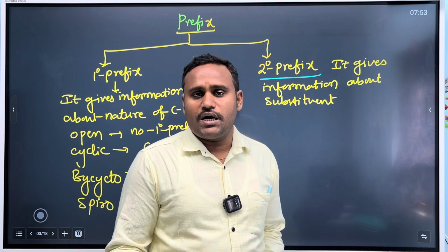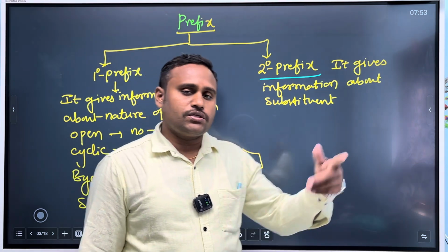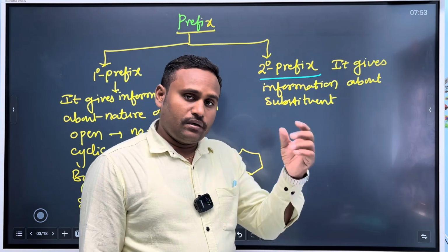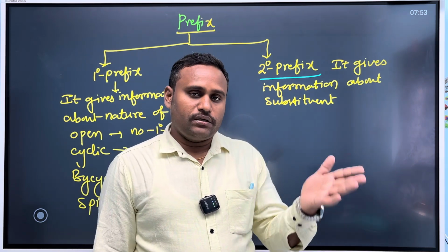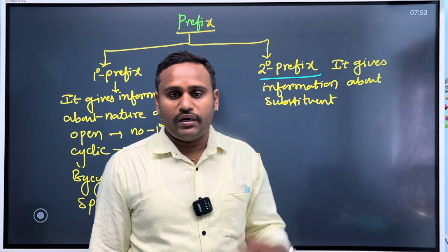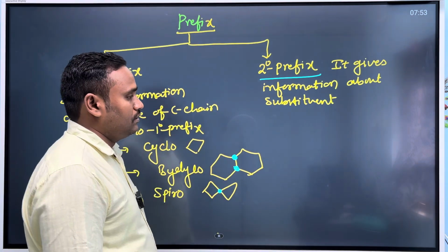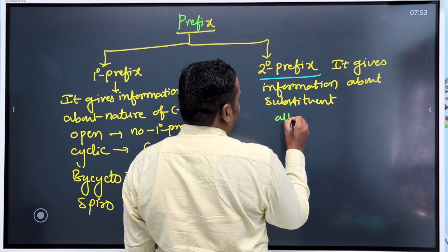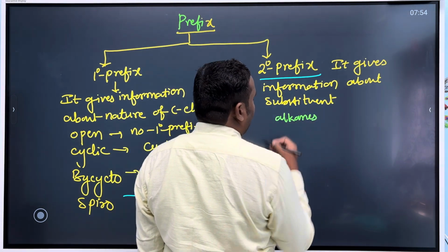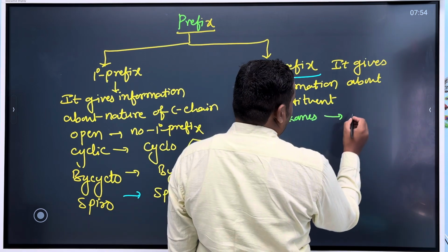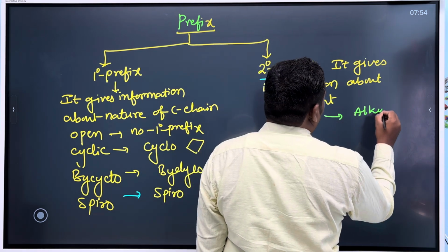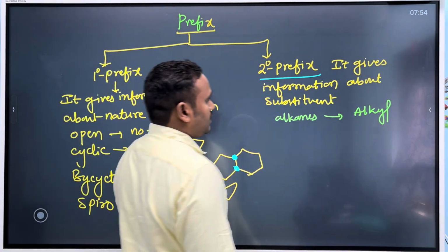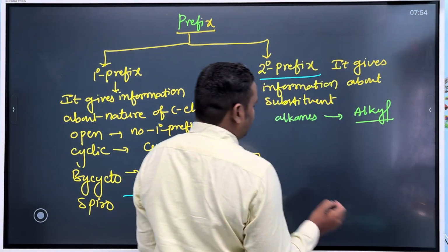It means something which is not present in the main carbon chain, and also a functional group which is connected to the main carbon chain but not included in it. For example, alkanes as substituents are known as what? Alkyl. If an alkane is a substituent, what secondary prefix do we use? Alkyl.